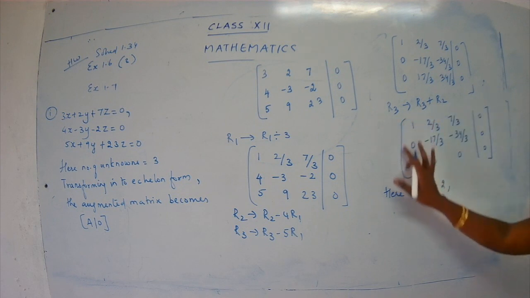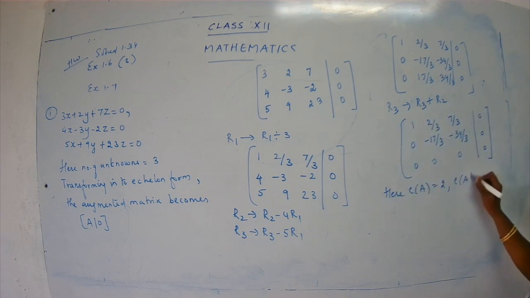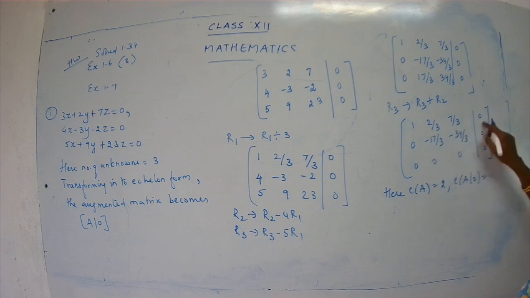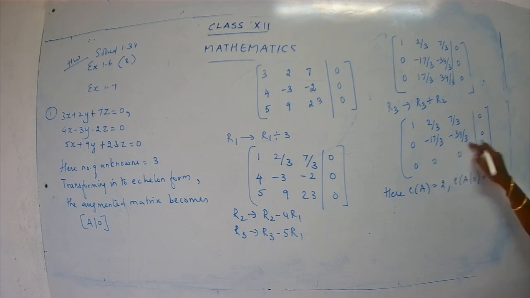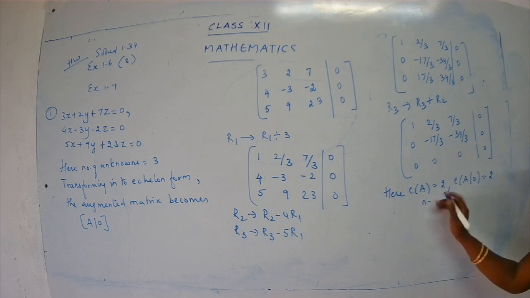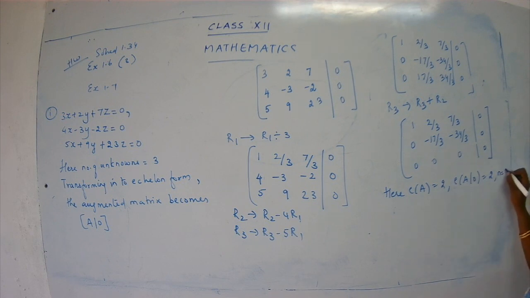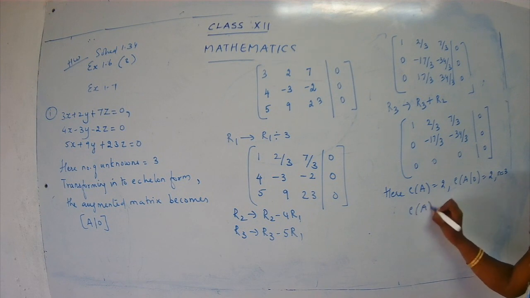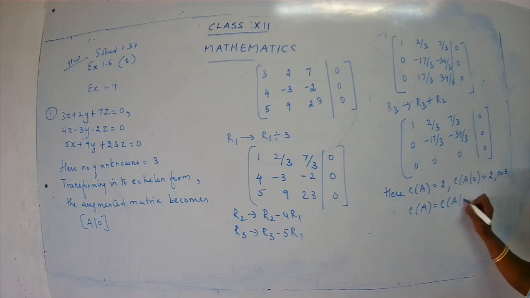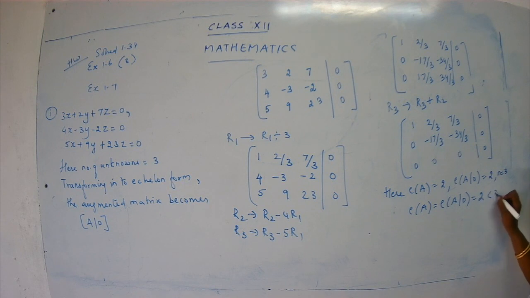Rank of AO, the augmented matrix, is equal to the number of non-zero rows. What do you get here? Rank of AO is also 2, yes? Here we have a 0 row. So 2, and n is equal to 3. So rank of A is equal to rank of AO is equal to 2, less than 3.